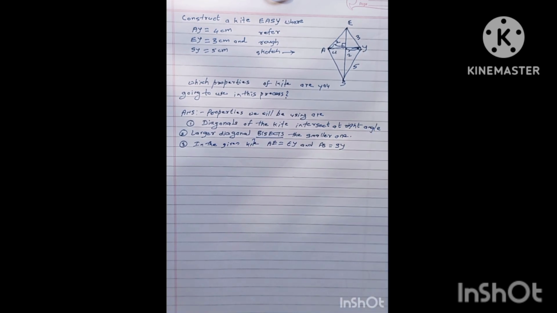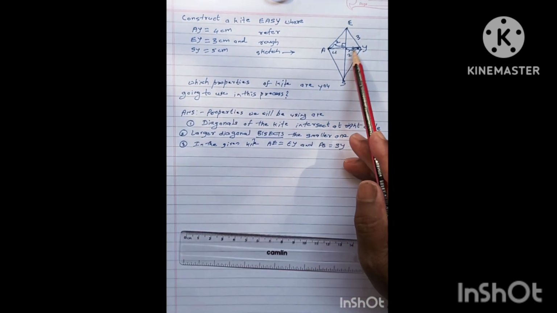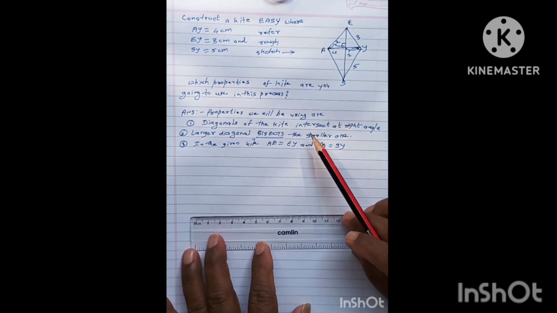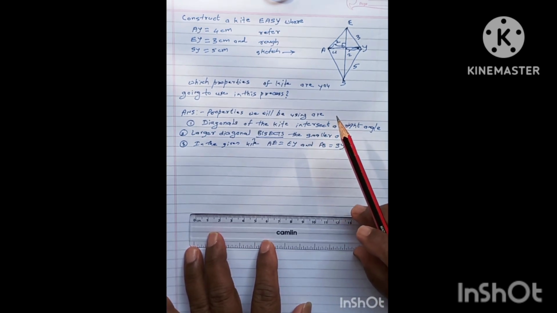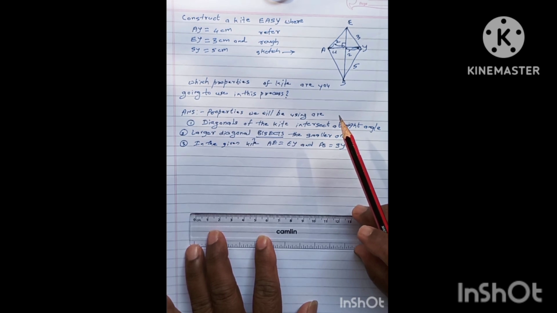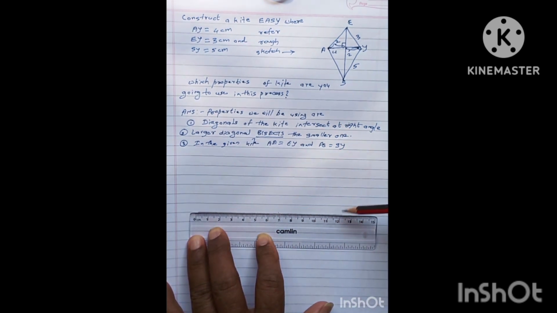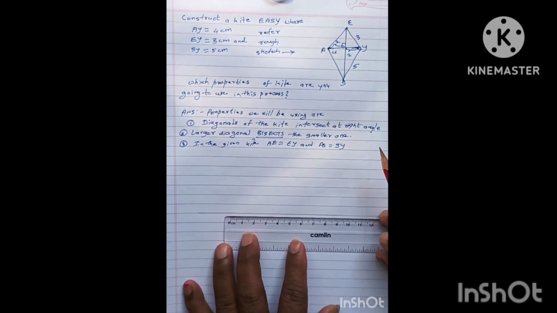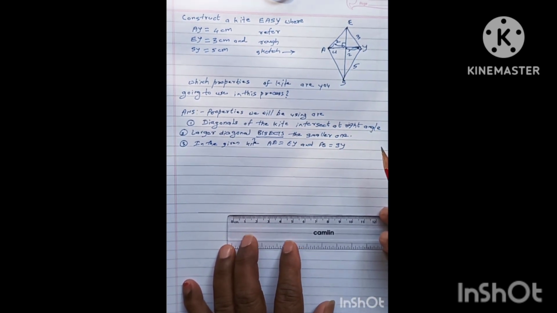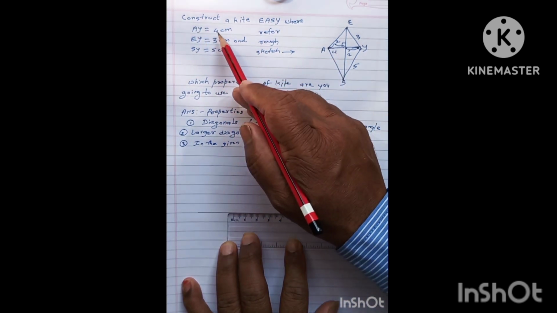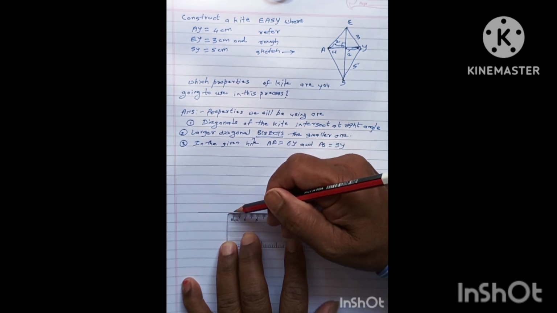Starting with this AY, we start with the diagonal. It's very easy, because the other diagonal is perpendicular, and that is a perpendicular bisector. So now you must have guessed it, that after drawing this we will be drawing a perpendicular bisector, on which the other diagonal will lie.